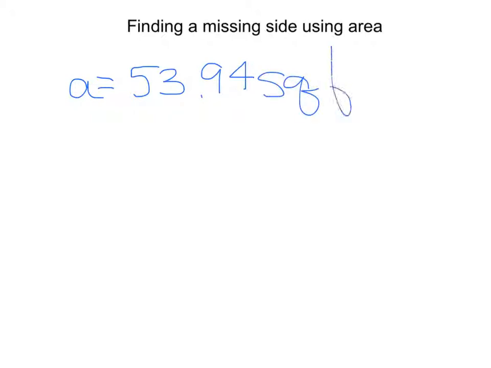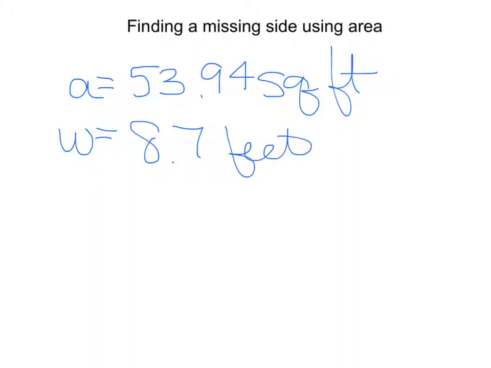Just like with perimeter, you can use area to find the length of a missing side. So let's say that the area of the rectangle is 53.94 square feet. The width of that shape is 8.7 feet. Well, we can plug this into our formula and just solve.